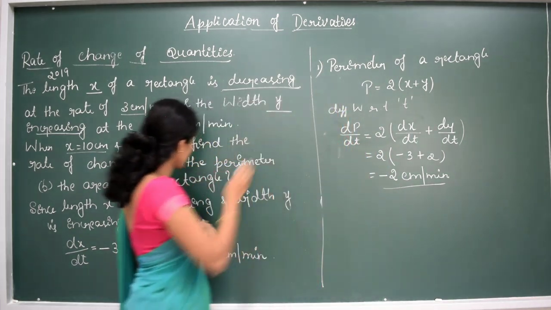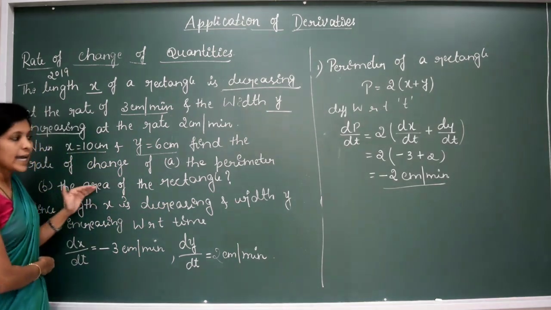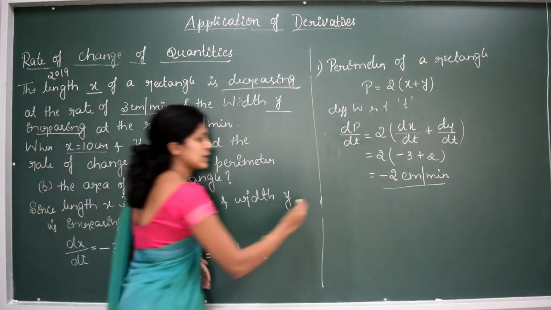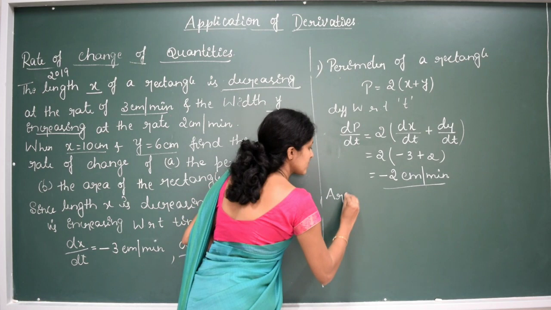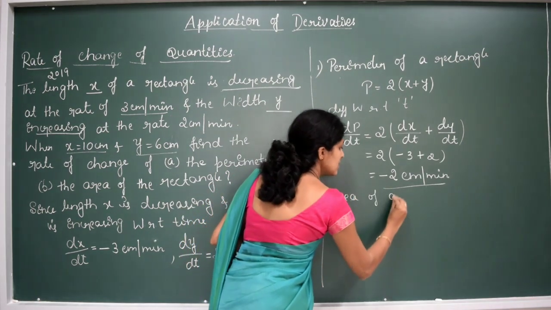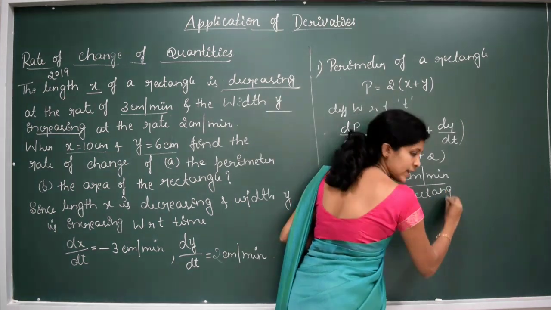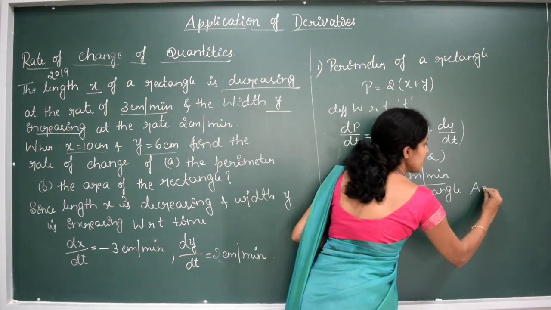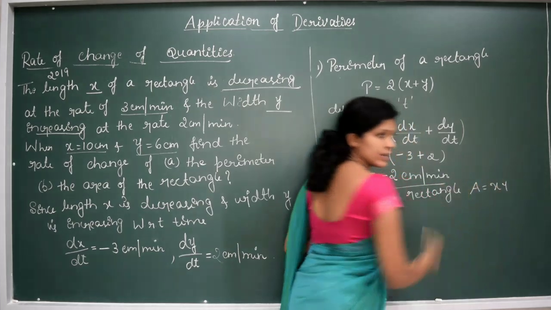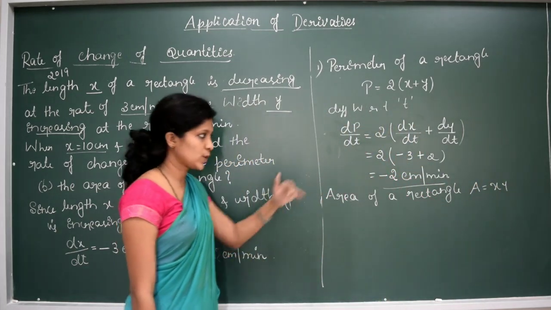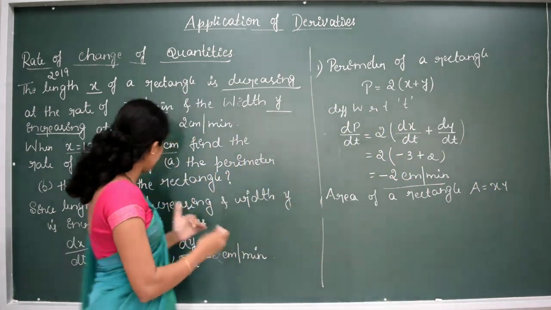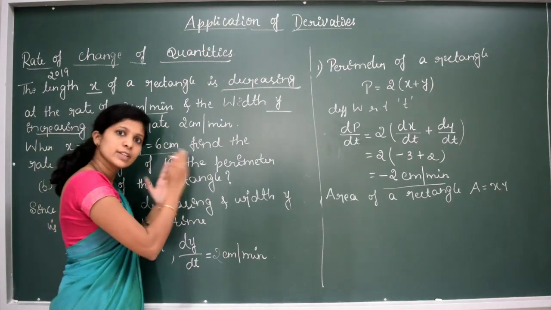Now the second question is, you have to find the area of a rectangle. First we will write the area of a rectangle, which is given by A is equal to x into y. Again we will differentiate with respect to the time t, because we need to find the rate of change of area with respect to time.